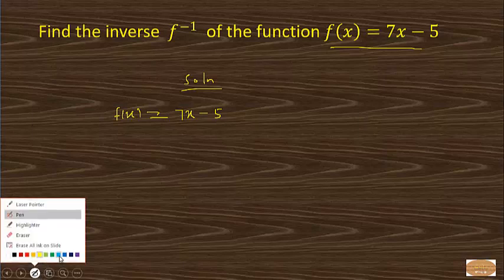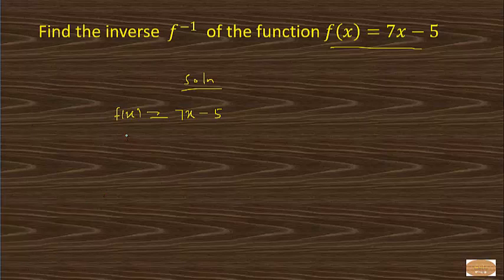Now to find the inverse, first of all let y represent the function. So y will be the function f of x. So we say y equals 7x minus 5.